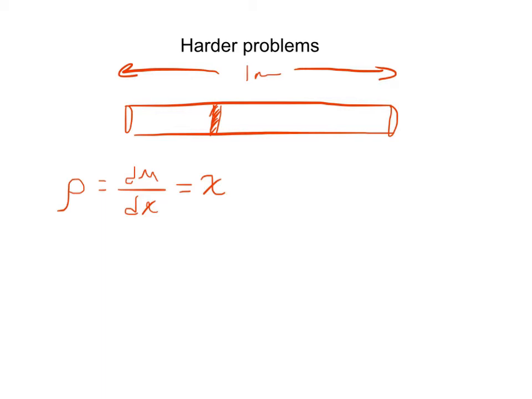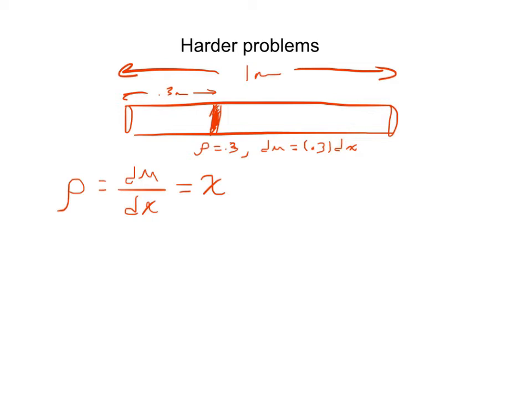So, for example, at this little section, we'll say like 0.3 meters away, the density of that little sliver is 0.3. And the little mass of that sliver then, dm, would be our density, 0.3, times the distance, dx.